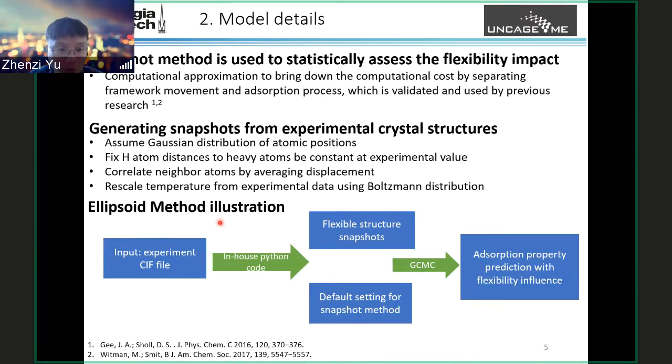So the only input for our ellipsoid method is the experimental CIF file. And this CIF file will go through in-house Python code, which will generate flexible structure snapshots. By combining these snapshots with default settings for the snapshot method, and then going through GCMC, we get an absorption property prediction with flexible influence considered.